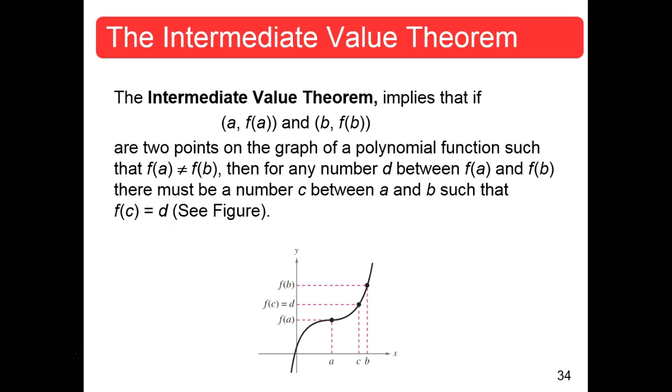If those are 2 points on the graph of a polynomial function, as long as f of a is not equal to f of b, and obviously it's not here. If they were equal, you can't use intermediate value theorem. But if they are not equal, then for any number d that's in between f of a and f of b, any number in between, there has to be a number c such that d is equal to f of c.